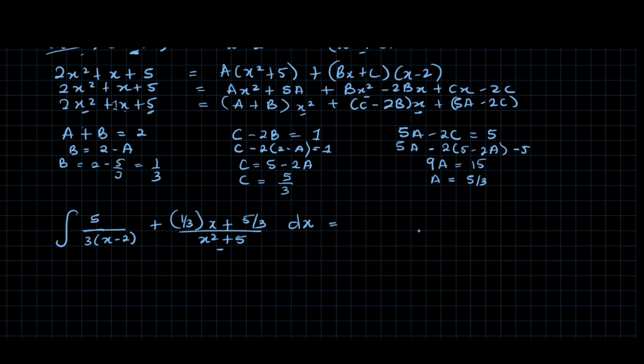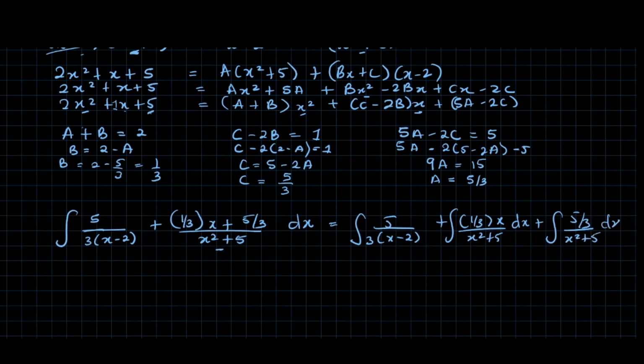To make our lives easy, I'm going to separate this: 5 over 3 times 1 over (x minus 2), plus 1 over 3 times x over (x squared plus 5), plus 5 over 3 times 1 over (x squared plus 5), each integrated with respect to dx separately.